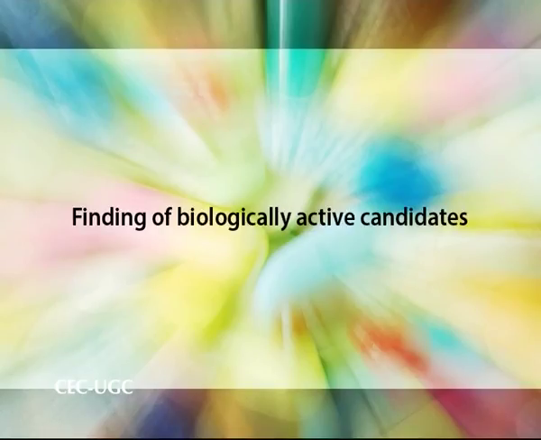One of the main thrusts of current bioinformatics methods is the finding of biologically active candidates. Drugs are usually only developed when a specific drug target for those drugs' action has been identified and studied.